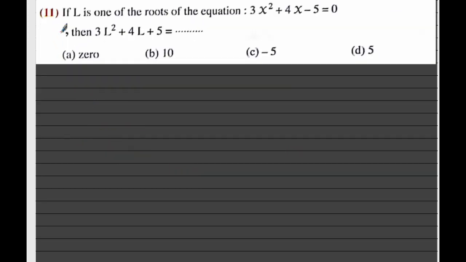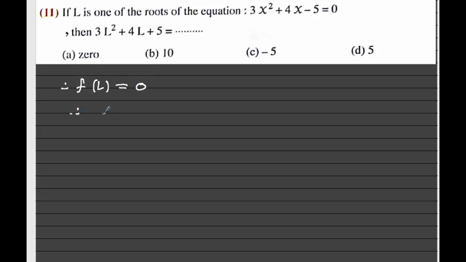Question number 11. If L is one of the roots of the equation 3x square plus 4x minus 5 equals 0. Okay, L is one of the two roots. So f of L also equals 0.